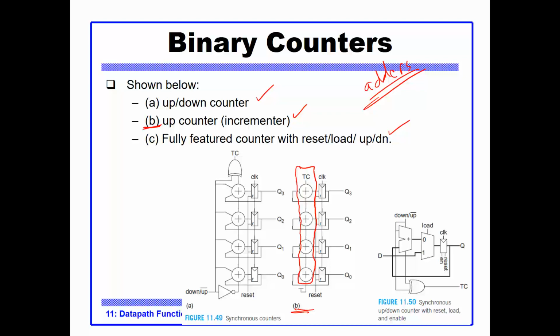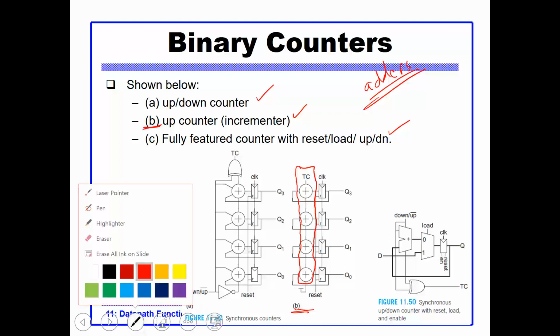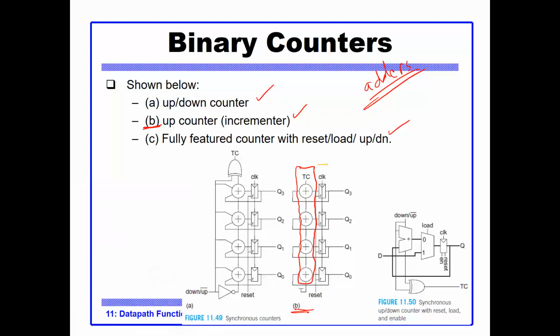So I can have this as carry ripple, I can have this as carry look ahead, I can have this as a binary tree, whatever fast adders I have. And then I have a bunch of flip-flops right here. They save the output of the adder, and they go to the input.